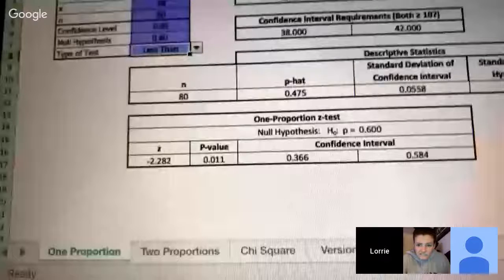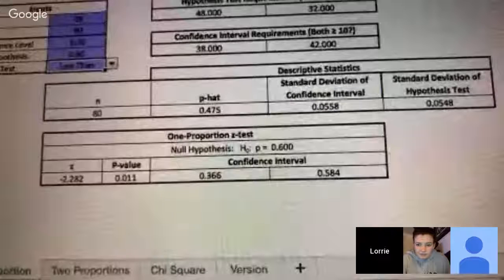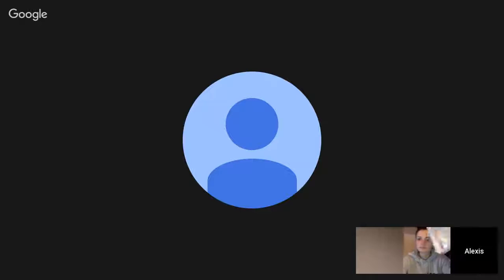Is that the z-score? Aren't those different things, though? I don't know. So how do we find out the test statistic? Standard deviation of the hypothesis test. That's not it.